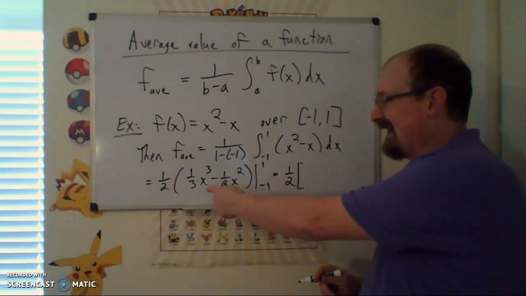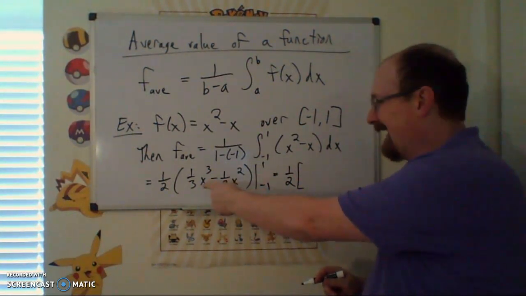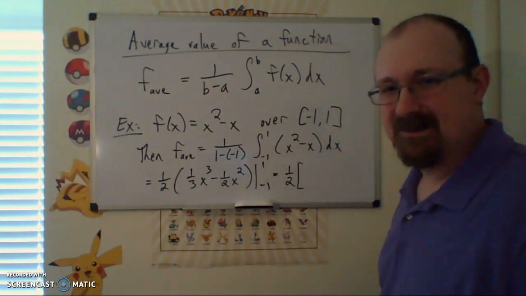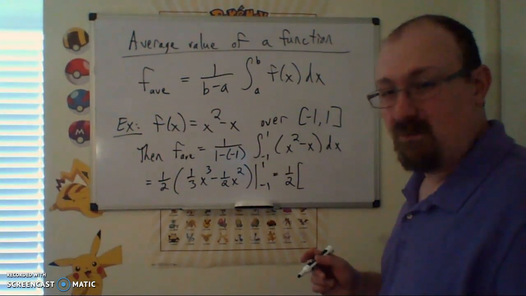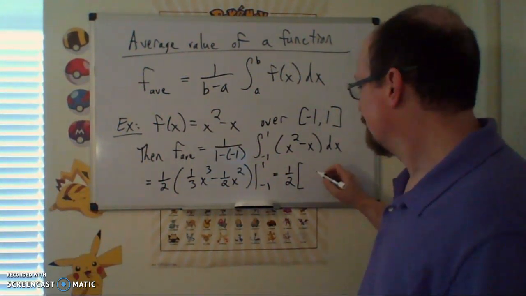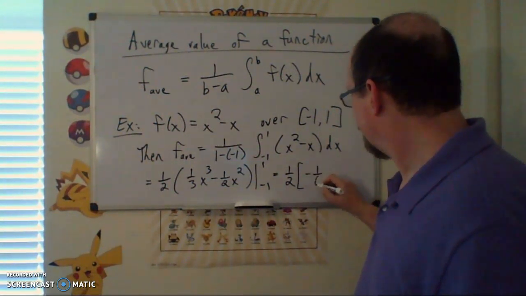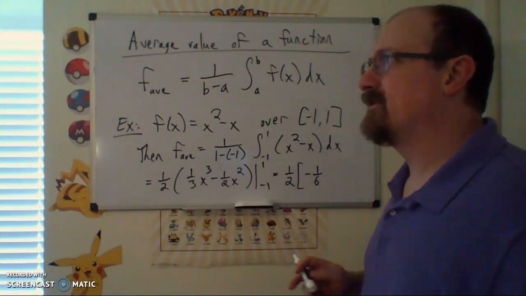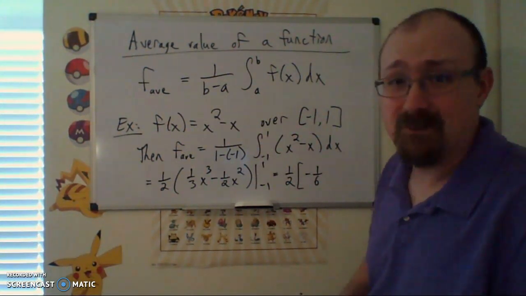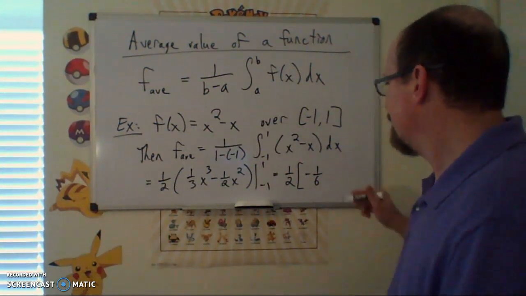If I work this out at 1, I get 1/3 minus 1/2, right? So that's 2/6 minus 3/6, so -1/6.